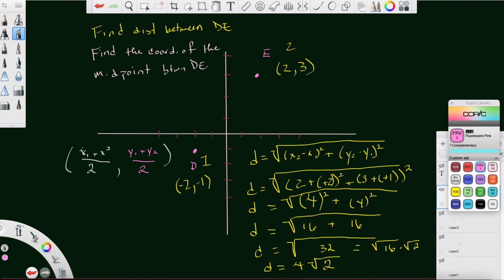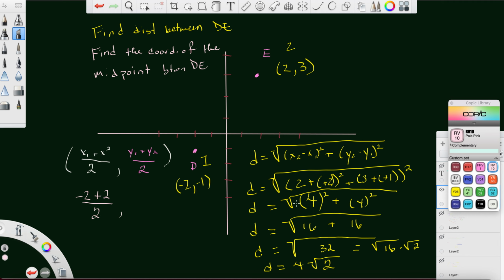Okay, so let's go ahead and put these in. X1 is negative 2. And then we're going to add to it x2, which is 2. Not 3. Wow. I'm looking ahead. Divide that by 2.